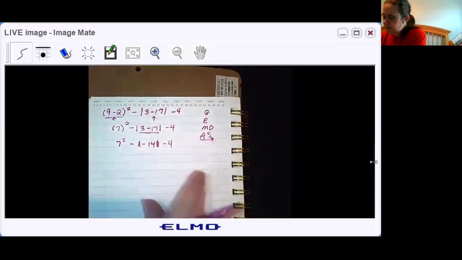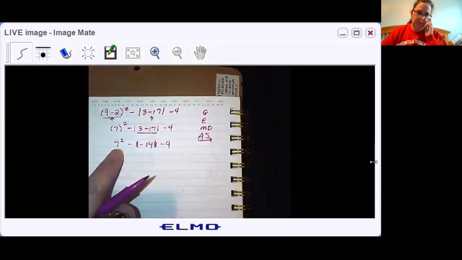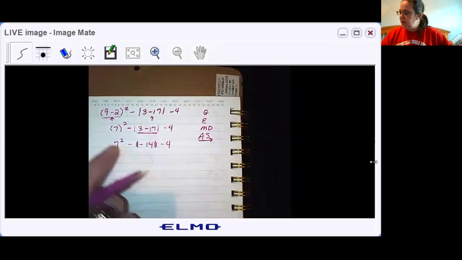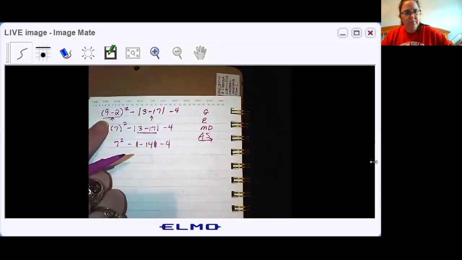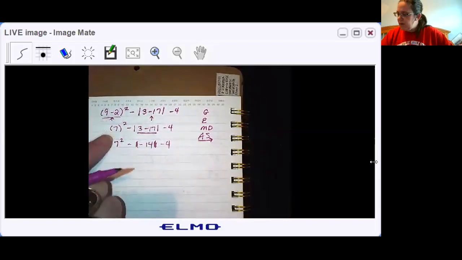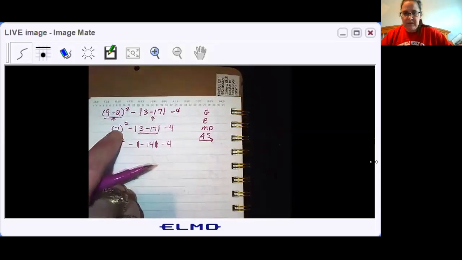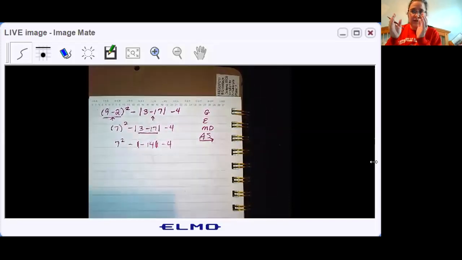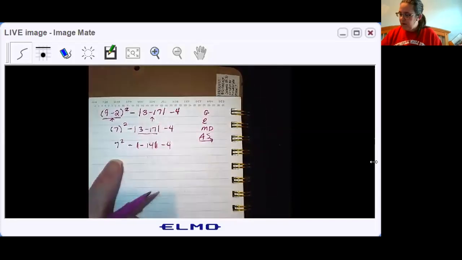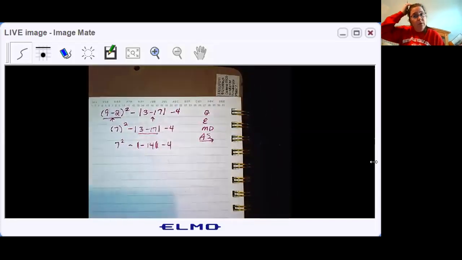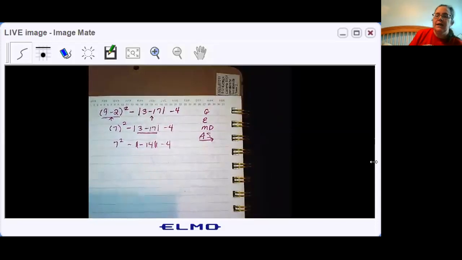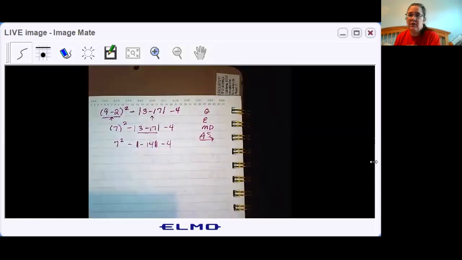Now, when I wrote this down again, does anybody notice what I did right here? It's written a little differently from what's above it, but that's okay, because parentheses 7, parentheses squared, is saying whatever's inside that parentheses has to be written down twice. So this says 7 squared, and this says 7 squared. The only time we wouldn't take the parentheses away is if that happened to be a negative number.